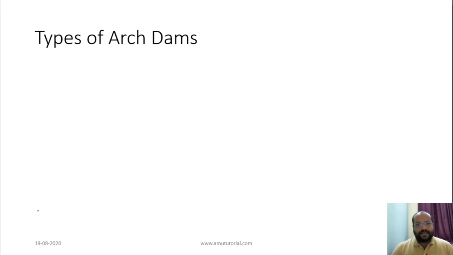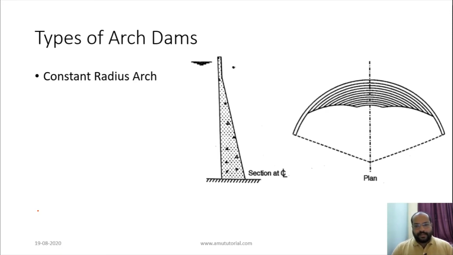Now there are different types of arch dams. There are constant radius arch dams. The meaning of a constant radius arch dam is, suppose this is an arch, and the radius of this arch is say r, and this is the center O. Suppose this is at the top, this radius r is at the top here.